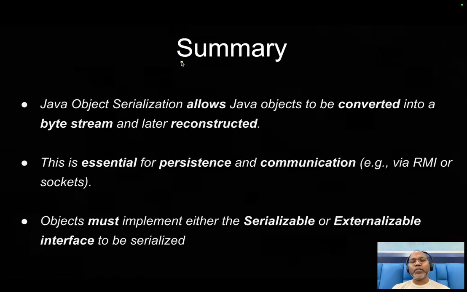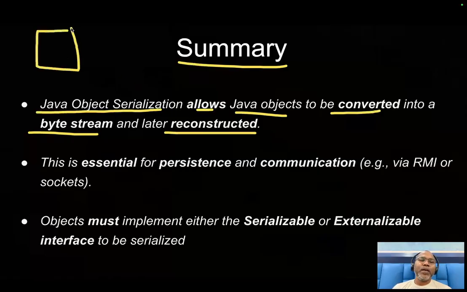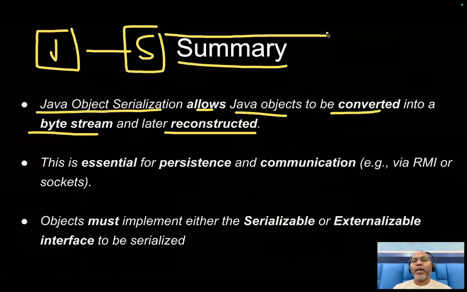So let's summarize what we have discussed till now. We discussed that Java serialization allows a Java object to be converted into a byte stream and later reconstructed again. That means a Java object is converted to a serializable byte stream, and again reconstructed in Java if you want.